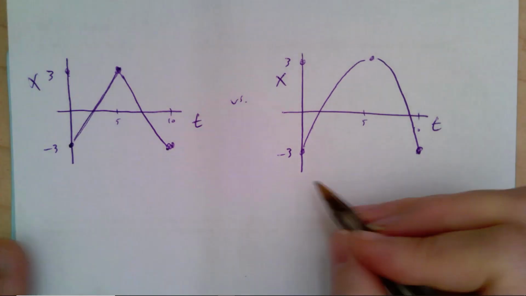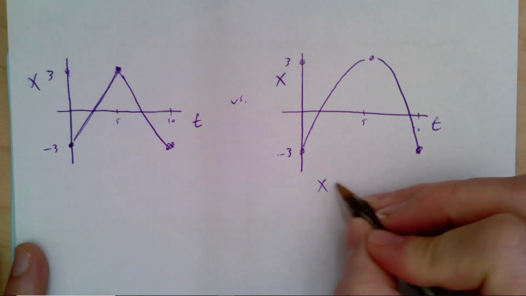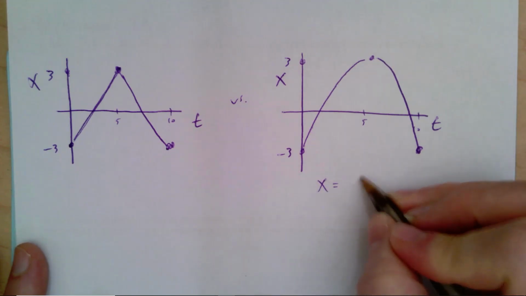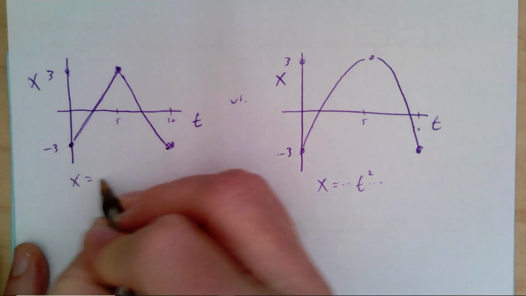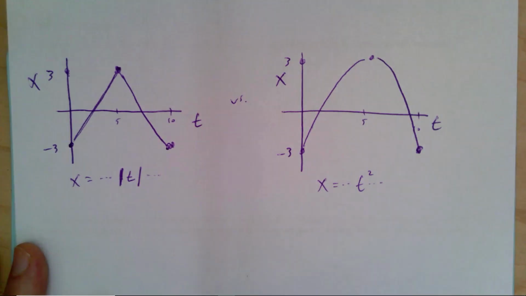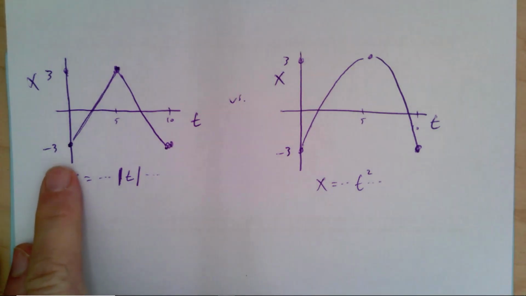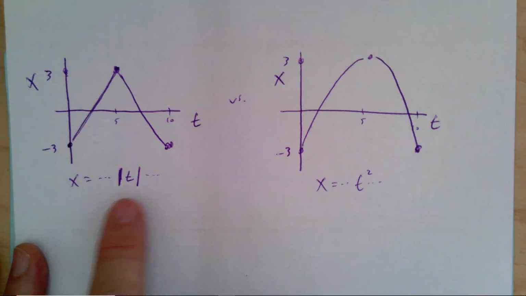For both of these, let's imagine a family. The family in this case would be a t squared kind of a family. The family in this case would be absolute value t. But in both cases, we have to translate it right, translate it up, flip it upside down, and then scale it.